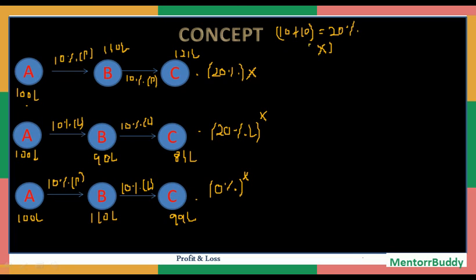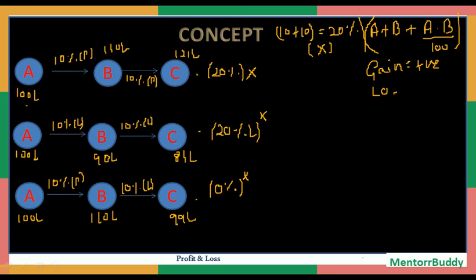So they are going to be added successively, and successive addition is A plus B plus A into B upon 100. And mark one important thing: in case of gain or profit, keep the value always positive, and in case of loss, keep the value always negative.